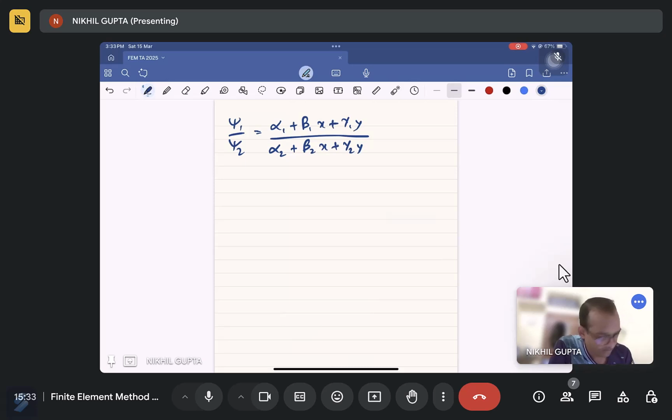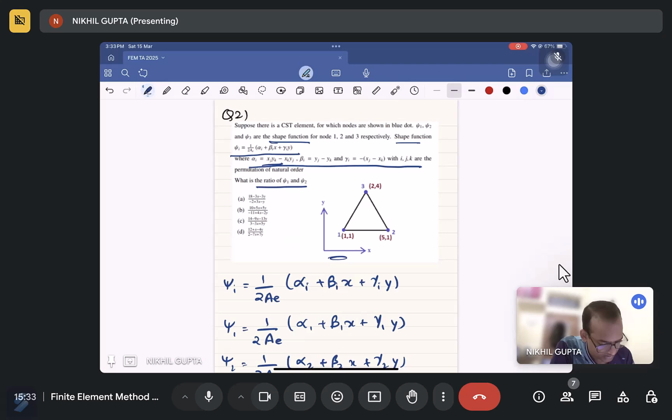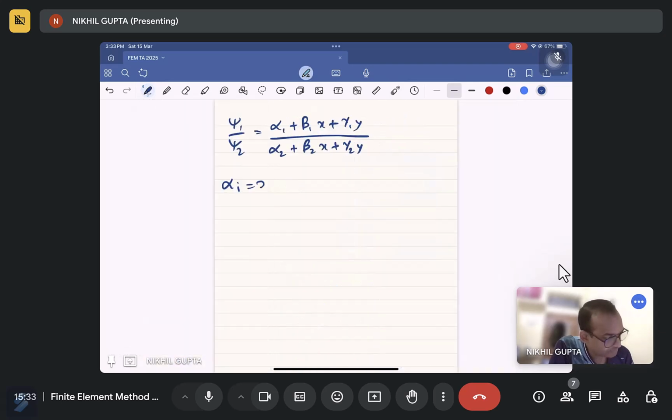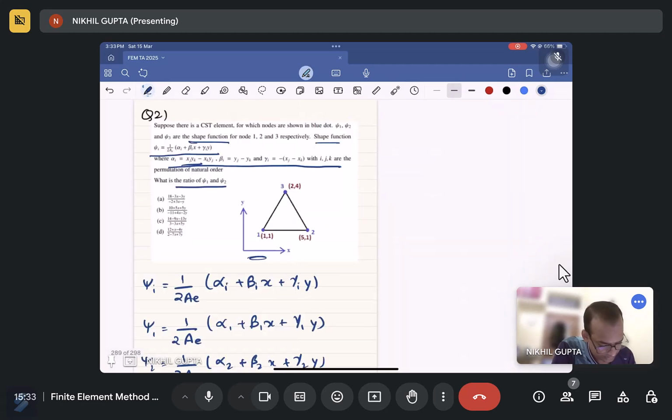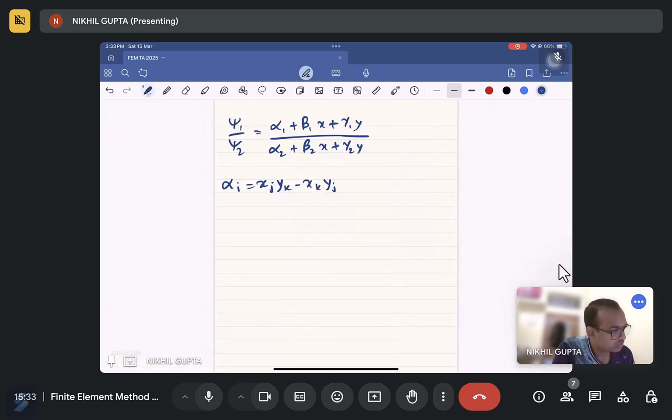We need alpha, beta, gamma. So alpha I, which is given in the question, is xj yk minus xk yj. For node 1, the value is 1 comma 1, as you can see here.